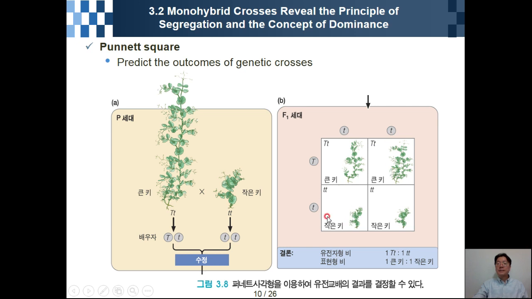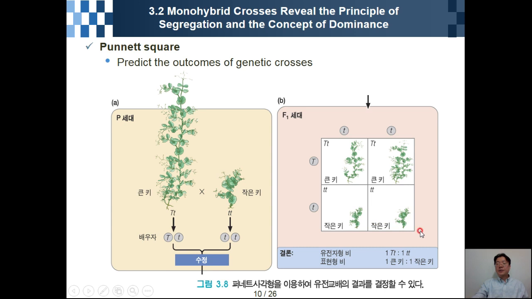Okay, how about this square? Small t and small t meet each other, they will make small tt, and the phenotype will be short. How about this square? Small t and small t meet each other, so they will make the short one.